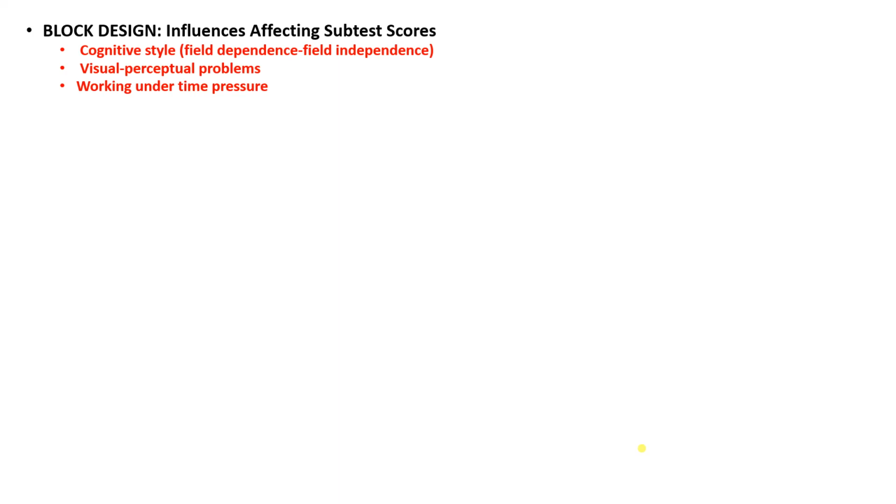Similarly, if the individual has some visual or perceptual problems, then even with good cognitive ability, because of those visual deficits, he or she may not perform well on this test. And similarly, since this is a timed test, those who have difficulty working under time pressure may perform poorly.